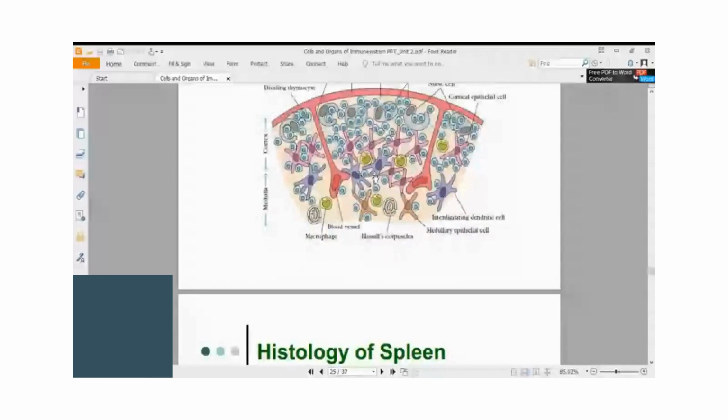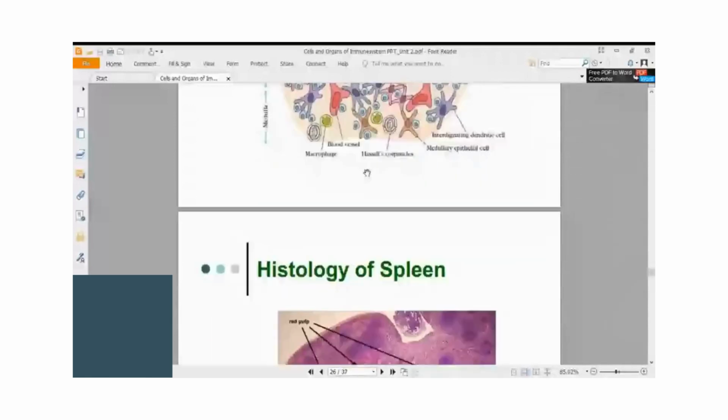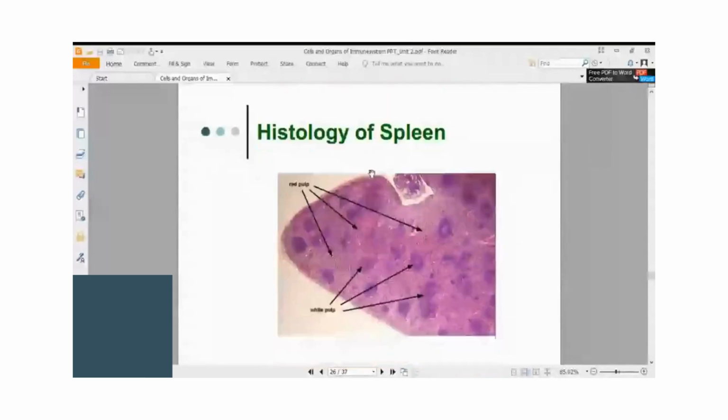immune response. Okay. Then we'll take up another lymphoid organ, that is a secondary lymphoid organ, the spleen. The spleen in histology looks like that. In that you can see some blue patches, island-like patches, which are labeled as white pulp.